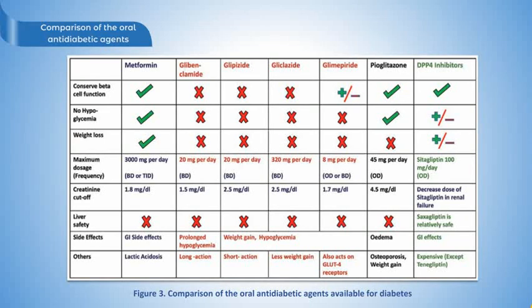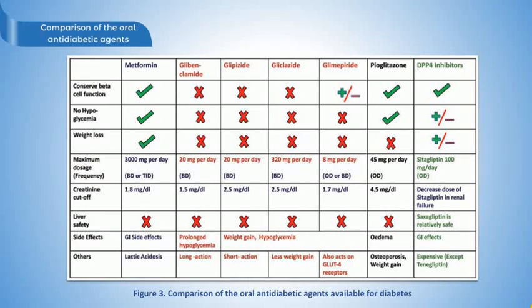The next one is glimepiride. It may conserve beta cell function or not and will cause hypoglycemia and does not reduce the weight of the patient. As for the maximum dosage for glimepiride, it was 8 mg per day and will be consumed by the patient once a day or twice a day.